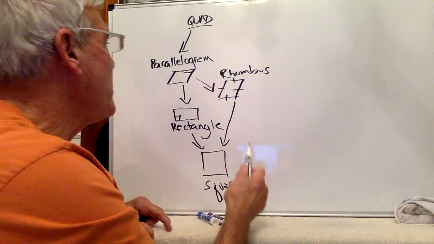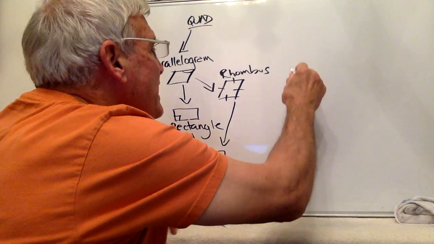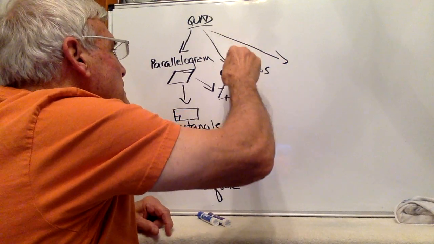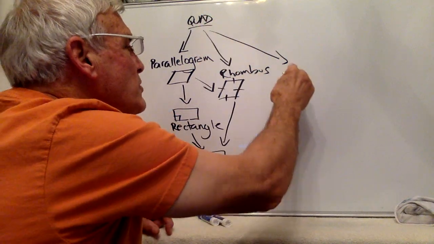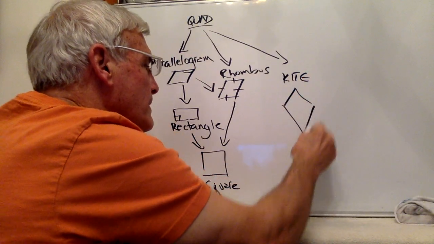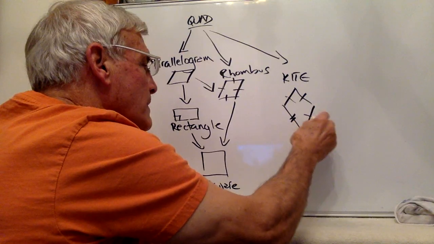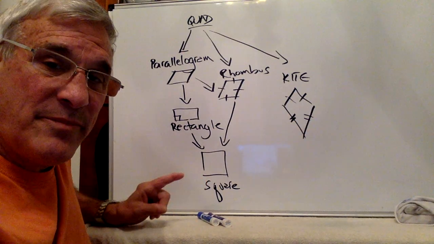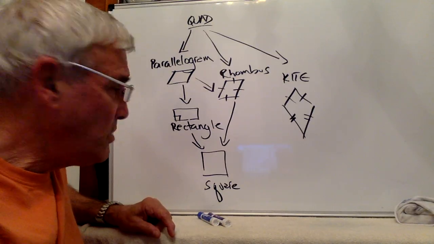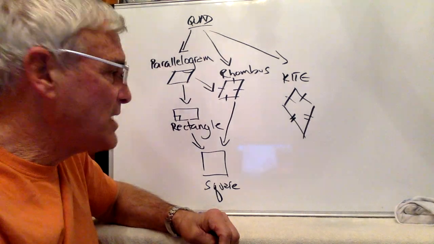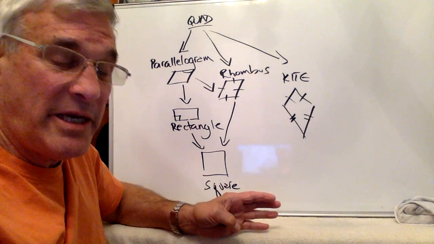And one other quadrilateral we talked about was a kite. A kite was a quadrilateral, not a parallelogram. It's a quadrilateral with two sets of consecutive sides congruent.